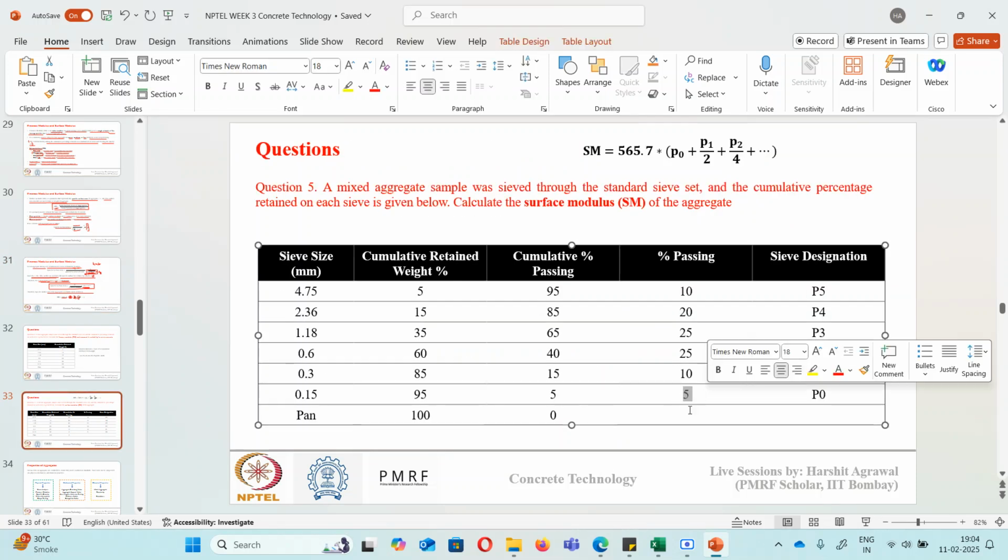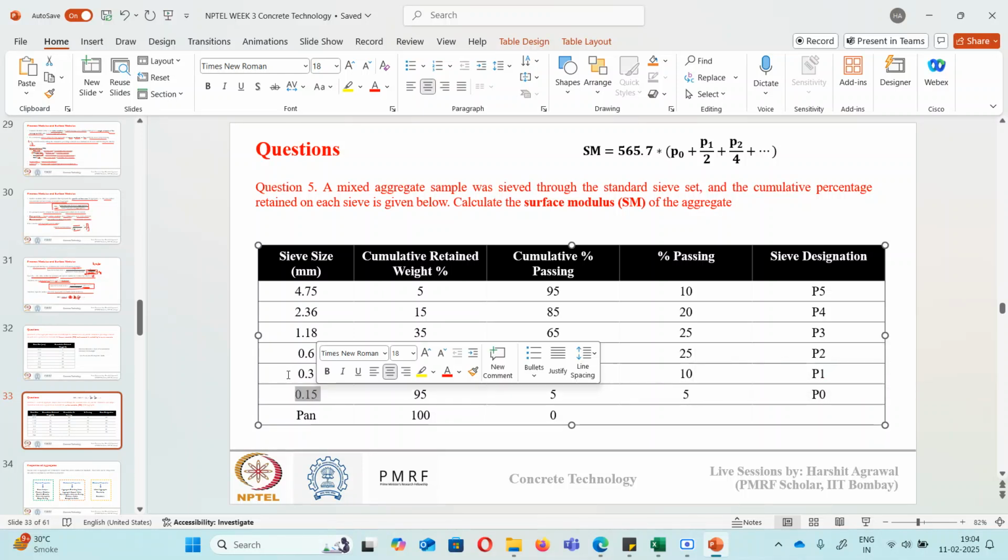Here, instead of pan, I will take the 75 micron sieve. So in between 75 micron and 0.15, I have 5% aggregate. In between 0.15 and 0.3, I have 10% aggregate. Between 0.3 and 0.6 mm, I have 25% aggregate. So this is how P naught, P1, P2, P3, P4, and P5 sieve designation is done.